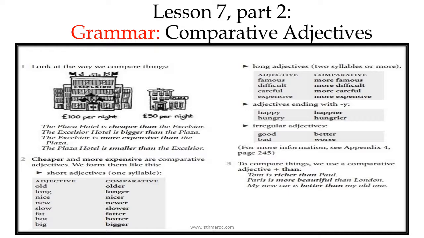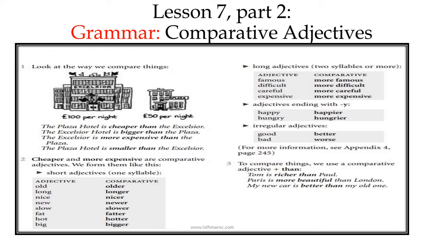So the sentence we have there: the Plaza Hotel is cheaper than the Excelsior. So cheaper than. The adjective is cheap, and when we want to compare two things or two people, we add er, and of course then is very obligatory.